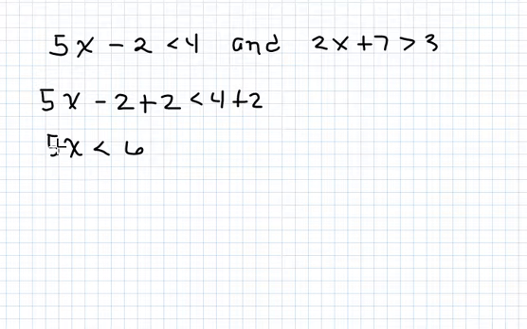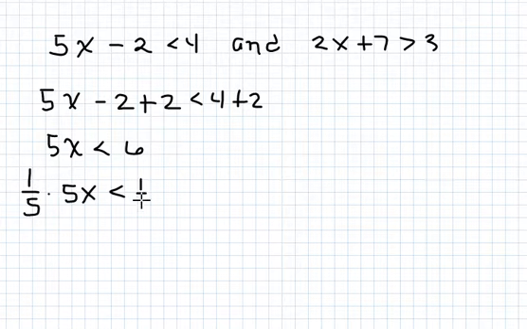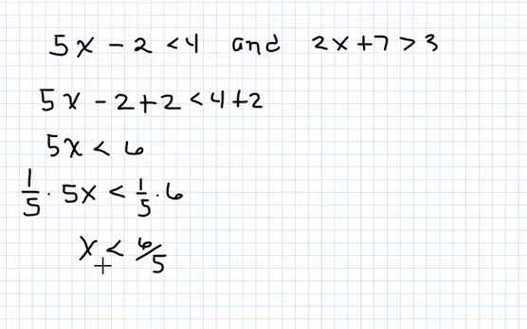Now we're going to multiply through by the reciprocal of 5 because we want a 1 here, and so we say 1/5 times 5x is less than 1/5 times 6, and therefore we have x is less than 6/5, and we cannot reduce that down any further.